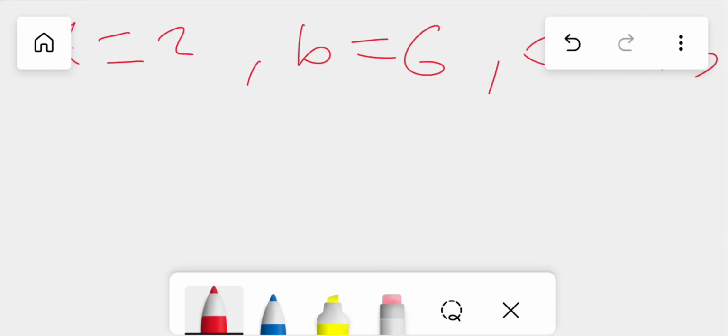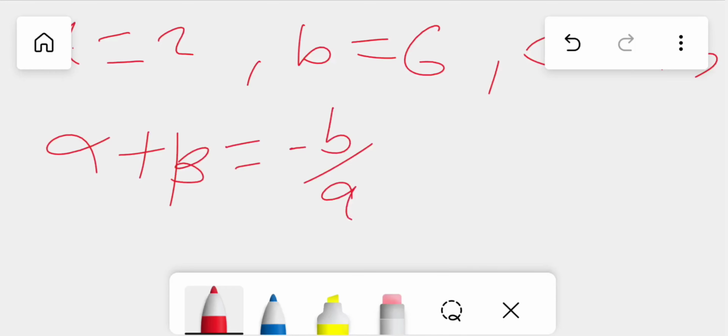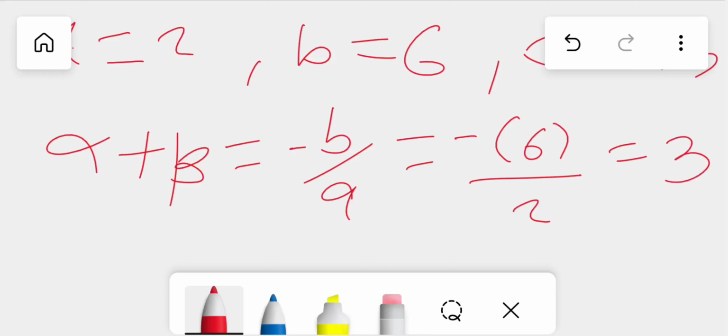Now from the properties of addition and multiplication, alpha + beta is equal to −b/a. The value of b is 6, so negative of 6, over the value of a, which is 2, so alpha + beta is equal to −3.